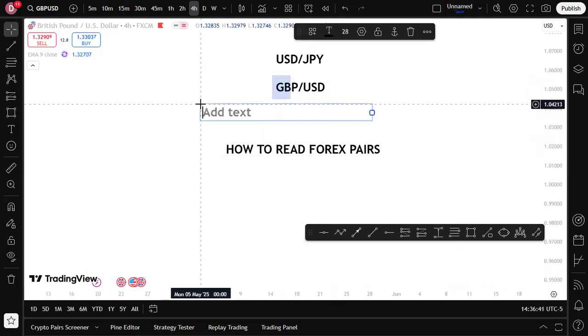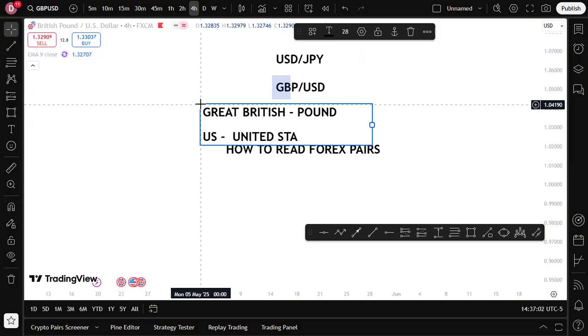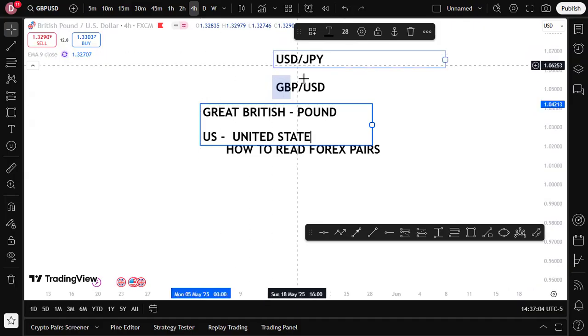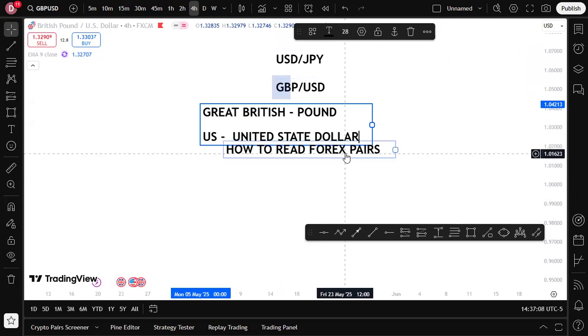So, for instance, GB means Great Britain. And what do they use in their country? They use the pound. Let's give an example of the US. The US in USD stands for the United States, and the last letter, the third one, is the name of the country's currency, which is the dollar. So they use the United States dollar.